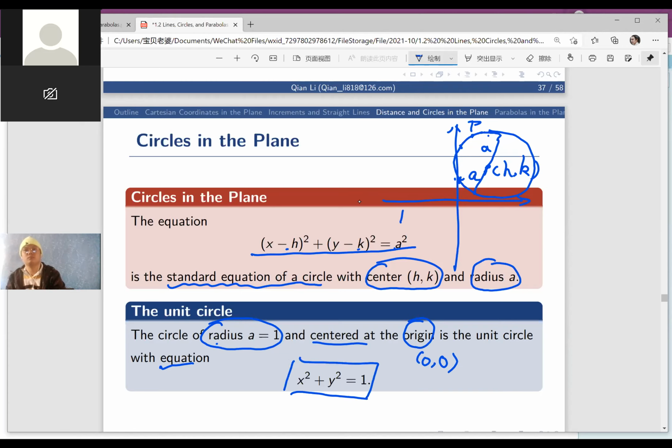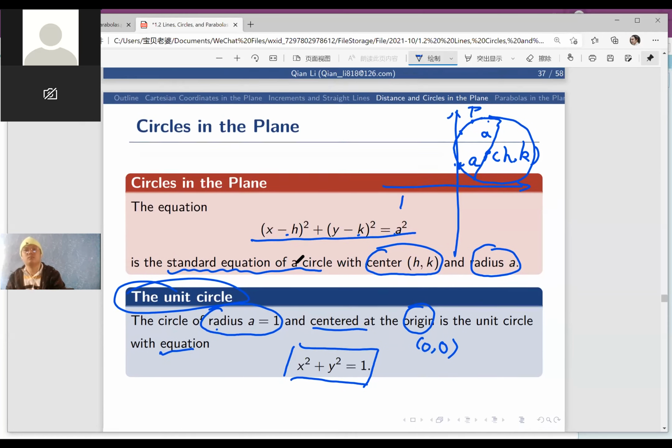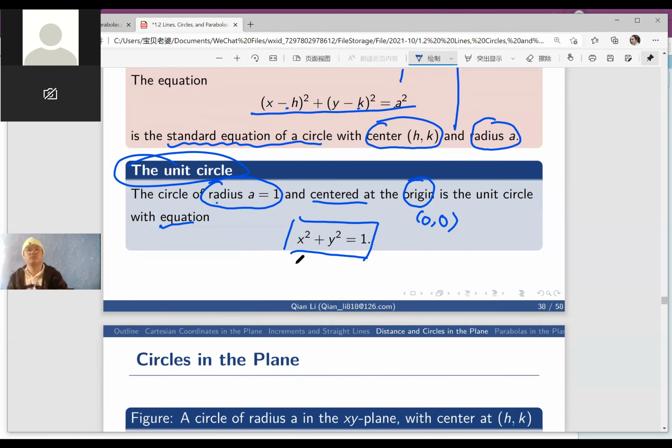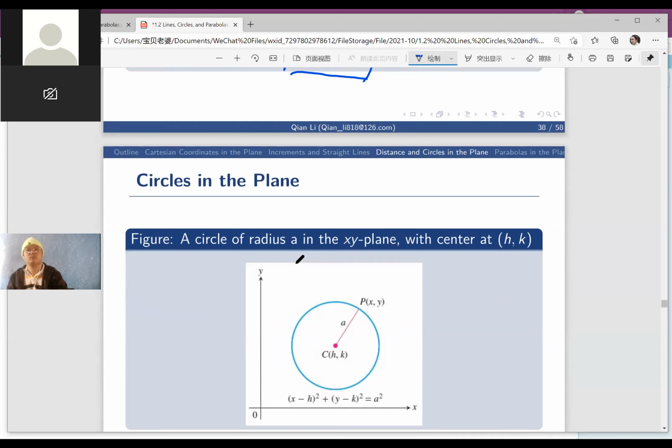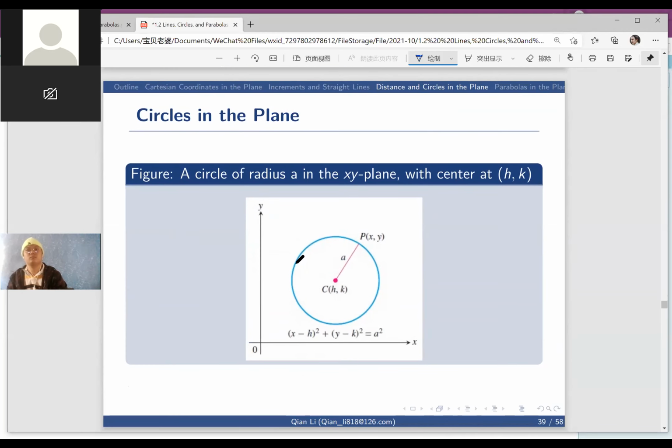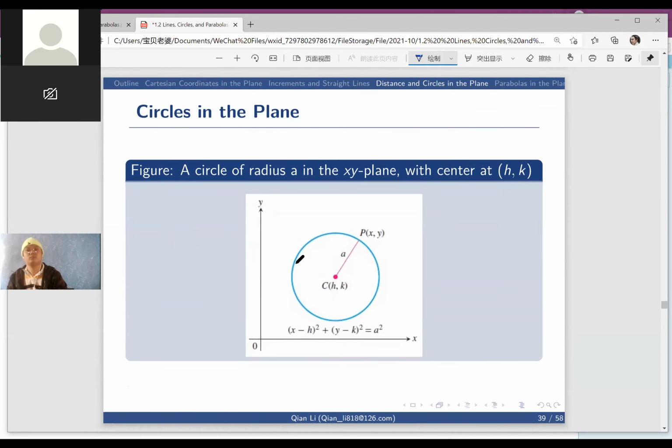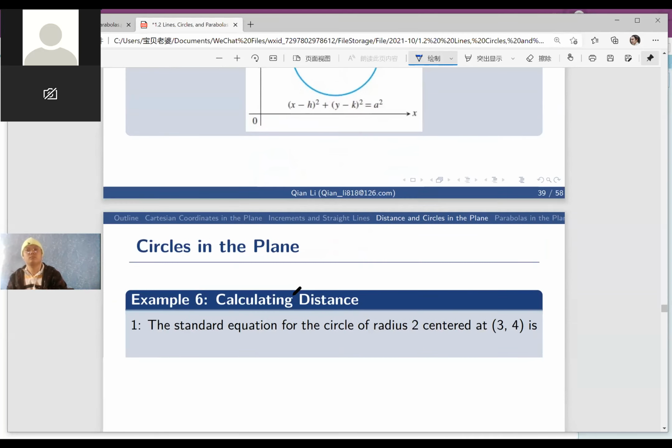So this equation is the unit circle equation. Okay, this is the equation of a circle, and this is a picture of the circle, with this center and this radius A.